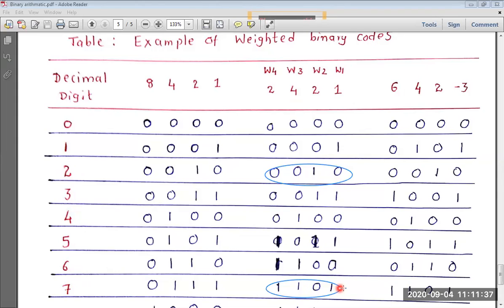See, this 1101 is obtained by complementing each bit of 0010: when we change a 0, we get 1, and when we change a 1, we get 0. This is true for all the bits, and for all the numbers in 2421. So 2421 code is a self-complementary code.